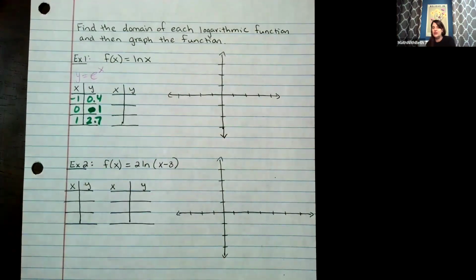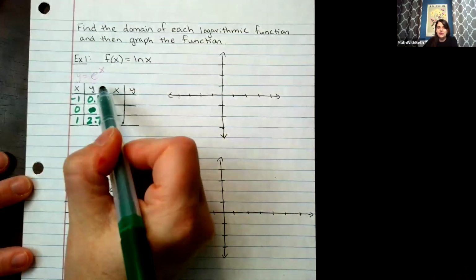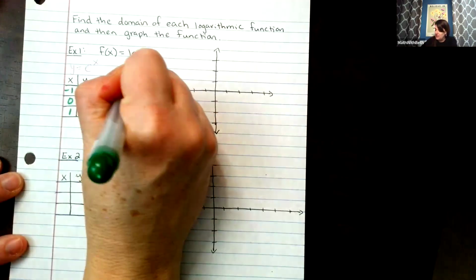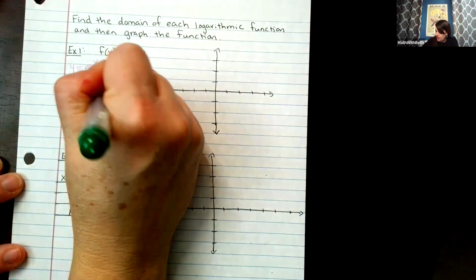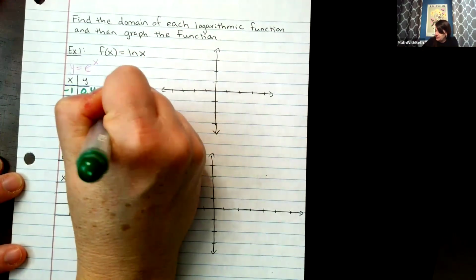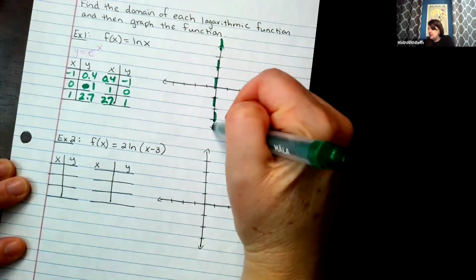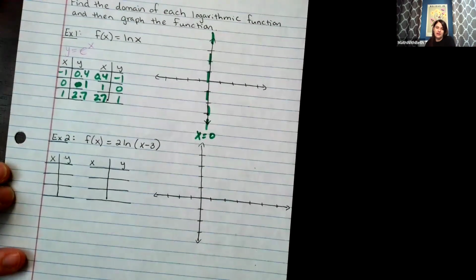So logs are just the inverse of exponential graphs. So to do the ln part, all we really need to do is take this chart and switch x's and y's. So all of my x's become my y's, and all of my y's become my x's. And so instead of having y equals 0 as an asymptote, we're going to have x equals 0.